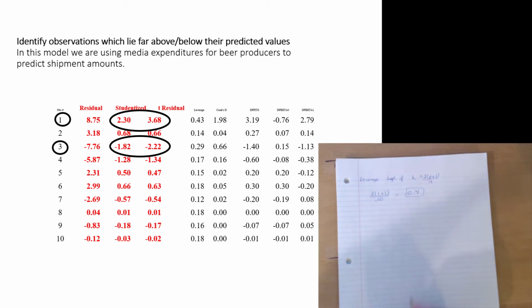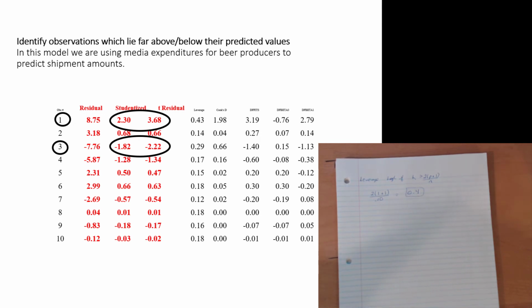Let's look at our leverage, and we see again observation 1. Ooh, knew that one was trouble, right? Leverage 0.43, higher than the 0.4. So again, another statistic that indicates that observation 1 is an influential observation. None of the other observations has a leverage of 0.4 or higher.